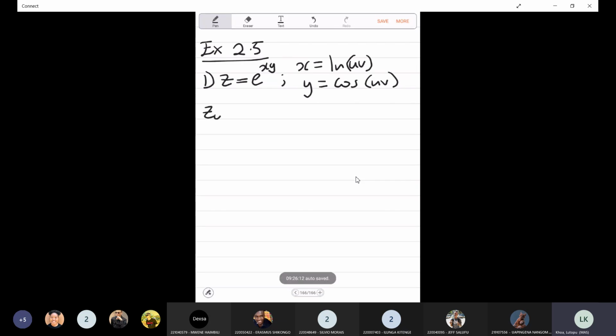So z with u, we say this is z with x, x with u, z with y, then y with u. So z with x, we know how to differentiate that. This is y e to the power of xy, and then x with respect to u, this is v over u.